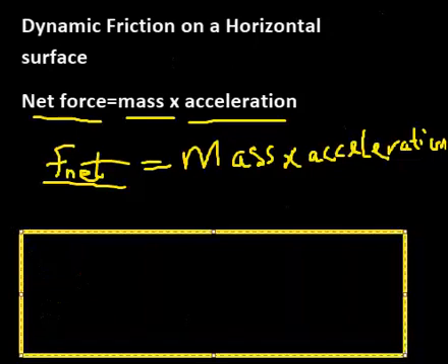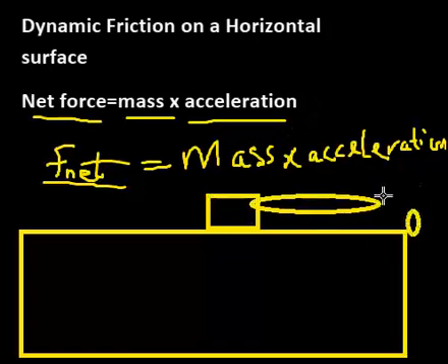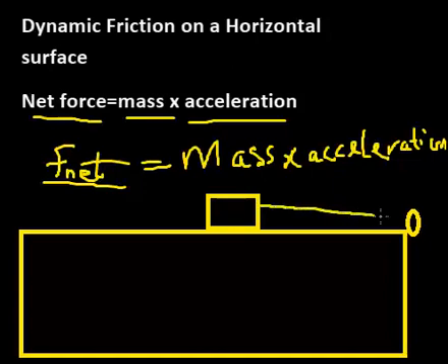Okay, let's say this is a horizontal surface, as we already know. An object is being placed here, then a pulley is being placed at this point. Then of course there's a connection of rope that actually connects the force. Alright, this is M2 and this is M1.